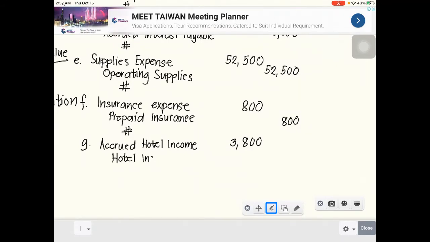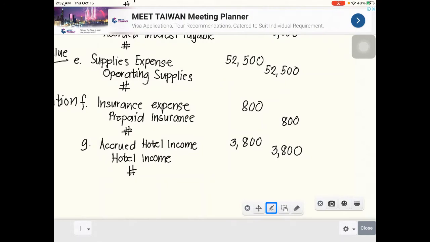Again, it's already our income. We just haven't collected it yet. So accrued hotel income or accrued hotel income receivable, it's too long. Or you can use accrued receivable. So that is 3,800. So these are your adjusting entries.